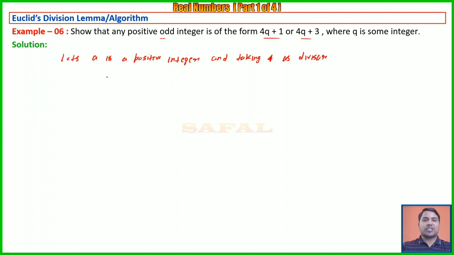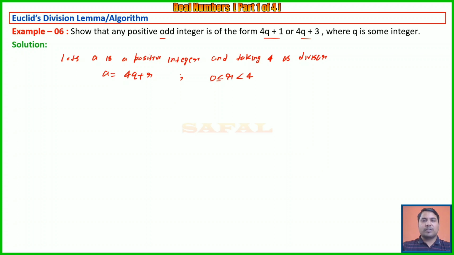As per Euclid division lemma, I can write a equals 4q plus r, again where r is greater than or equal to 0 and less than 4. So here r has the choice of becoming 0, 1, 2 or 3.